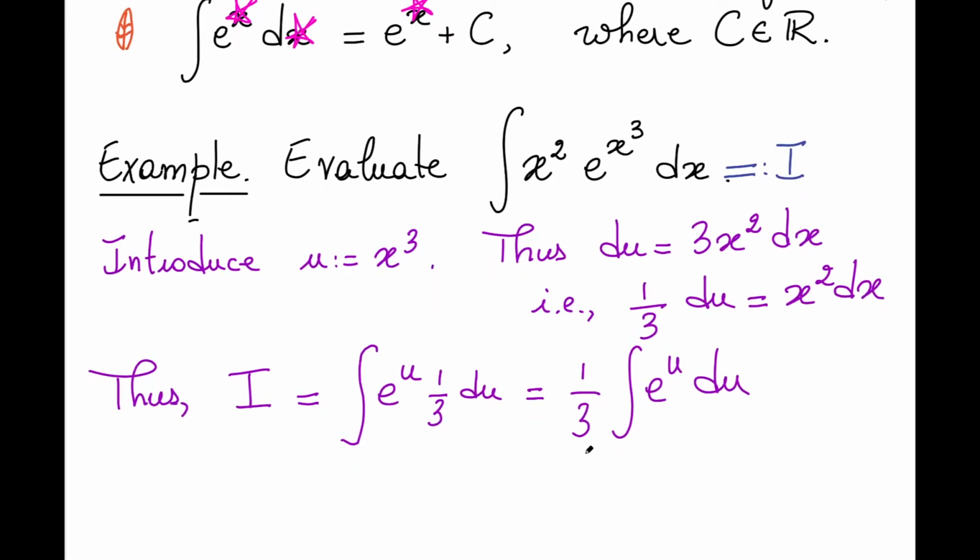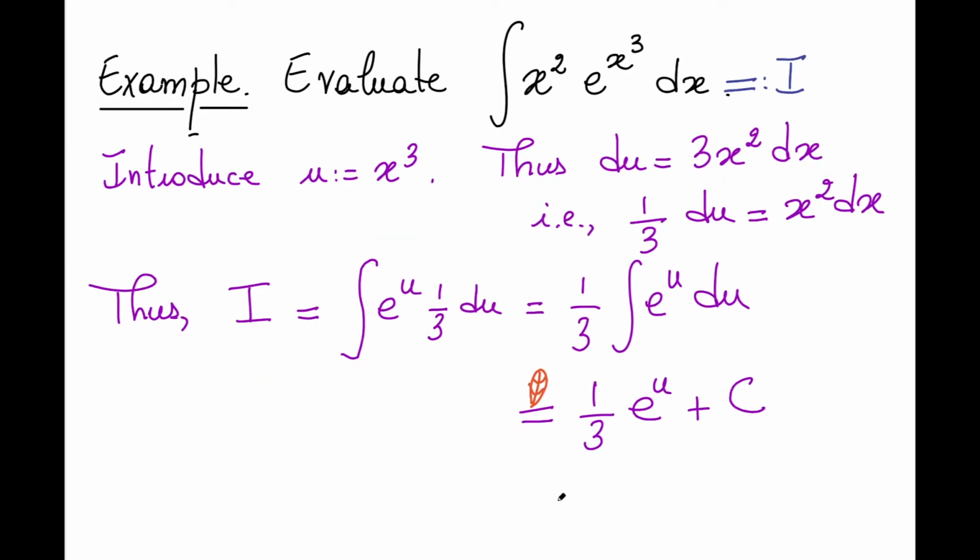Because of that property, this becomes equal to 1/3 e to the power of the star. And who's the star? It's the u, plus an arbitrary constant.